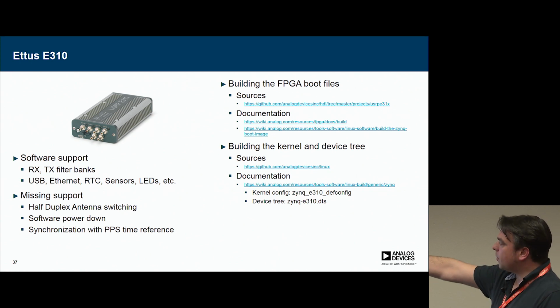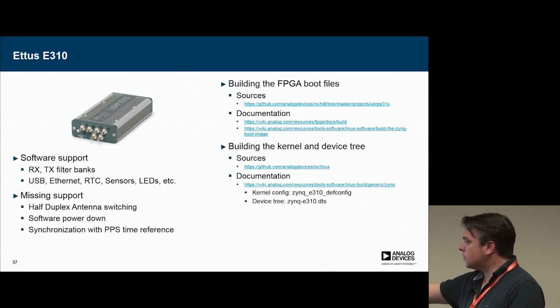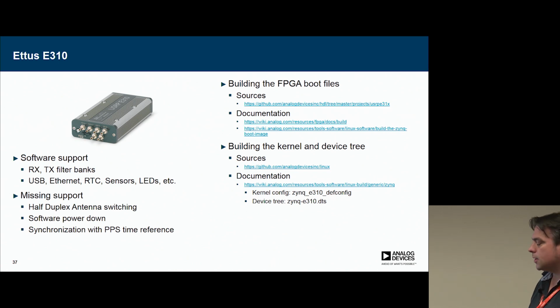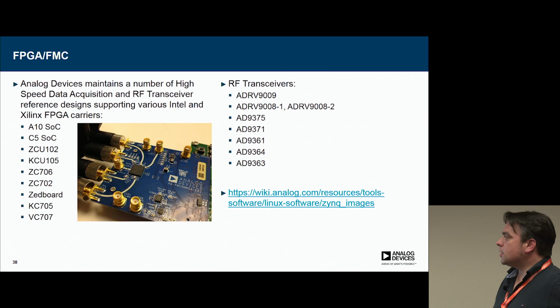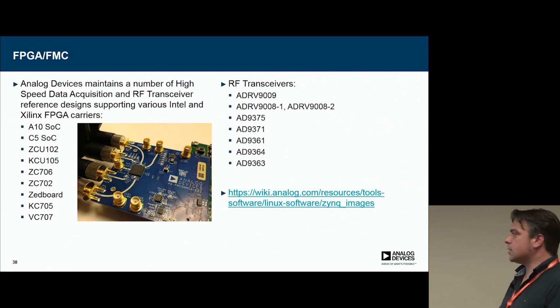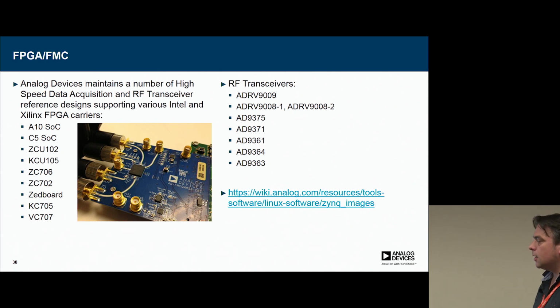Here are some pointers where you find the HDL, how you build the HDL, where you find the kernel driver source for the E310, and the kernel config and device tree files. In addition, Analog Devices provides a lot of reference designs for all kinds of Intel or Xilinx carriers: Arria 10, Cyclone V SoC, Virtex, UltraScale, Kintex platforms.